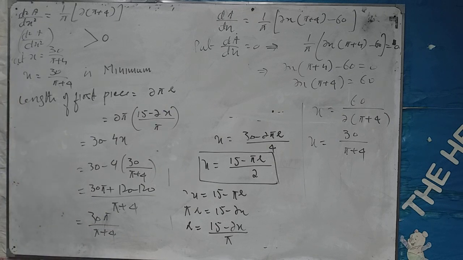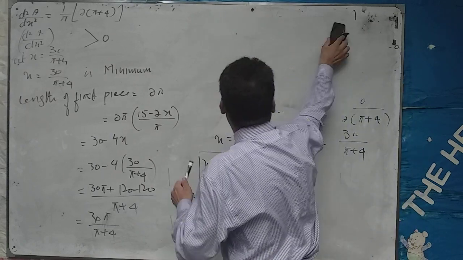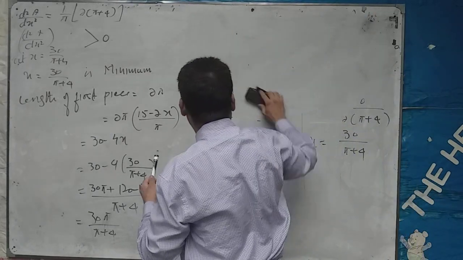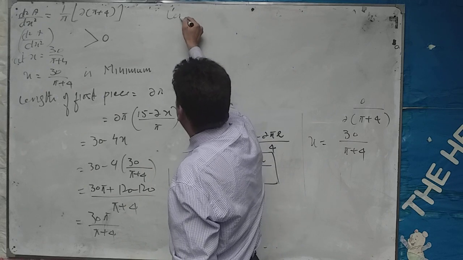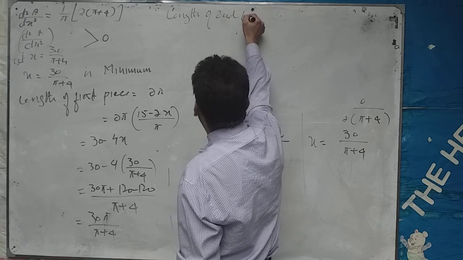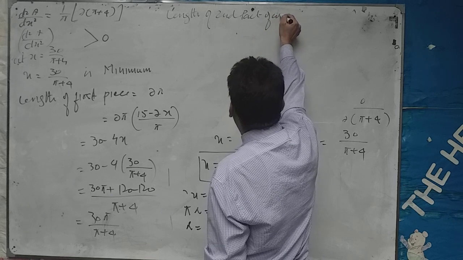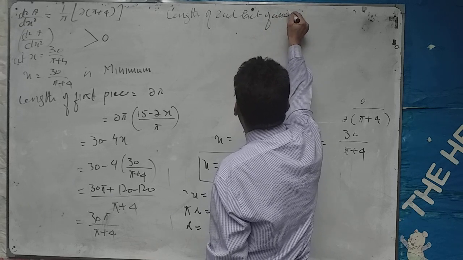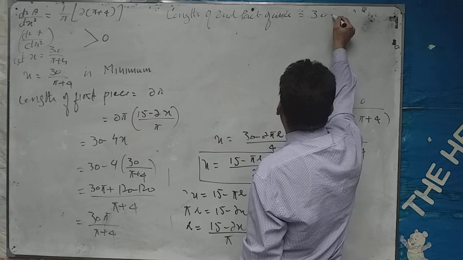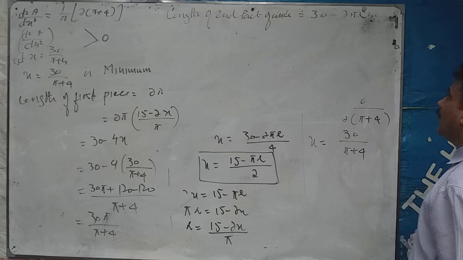We now find the length of second piece of wire. Length of second piece of wire will be equal to 30 minus 2 pi r.